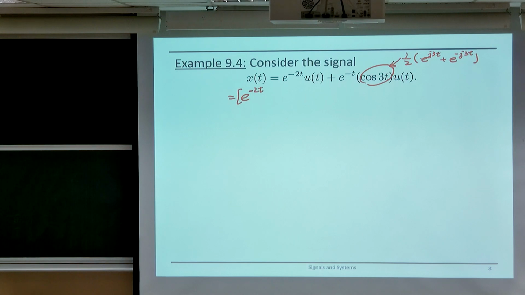If you multiply this inside, you get 1/2 e to the minus 1 minus 3j t plus 1/2 e to the minus 1 plus 3j t, times u of t.